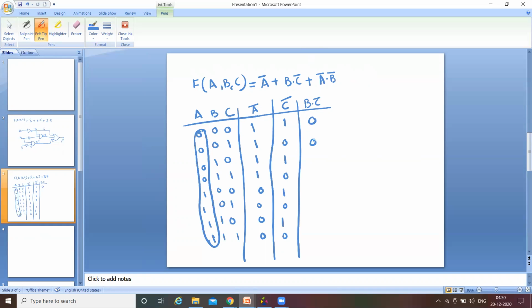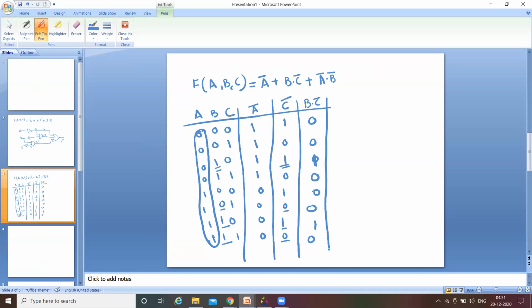When B is 1 and C bar is 1, the output becomes 1. Next 1 0 gives 0. Next 0 1 gives 0. Next 0 0 gives 0. Next 1 1 gives 1. Next 1 0 gives 0.